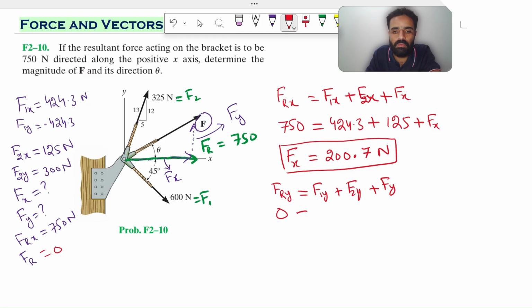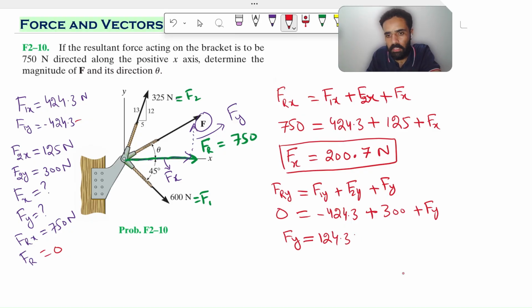The F1y value I found is minus 424.3, then the F2y value is 300, plus Fy. Now doing the calculation, the Fy value will be equal to 124.3 Newton. So these are the x and y components of this unknown force.